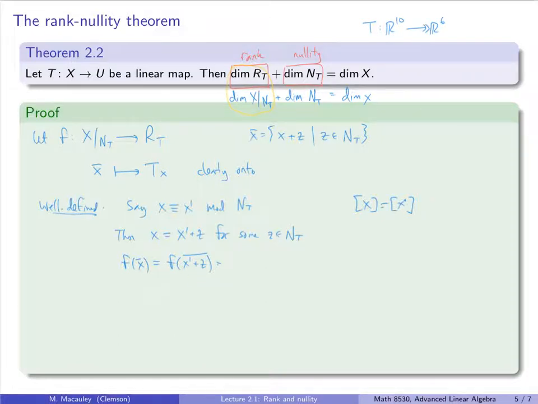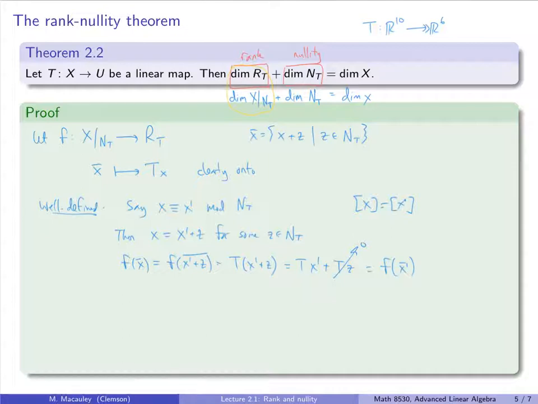My domain is a set of equivalence classes. So by definition, this is T of x prime plus z, which is T of x prime plus T of z, and that, of course, is 0. So T of x prime is, by definition, F of x prime bar.